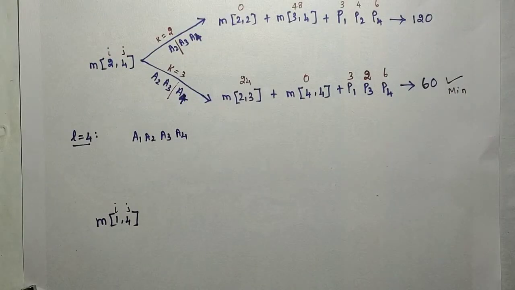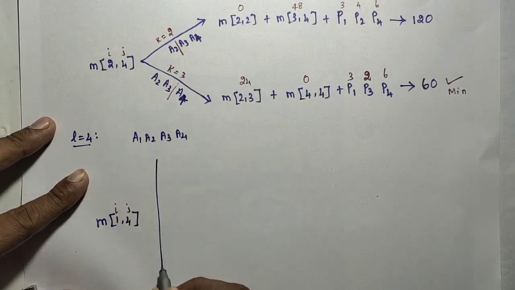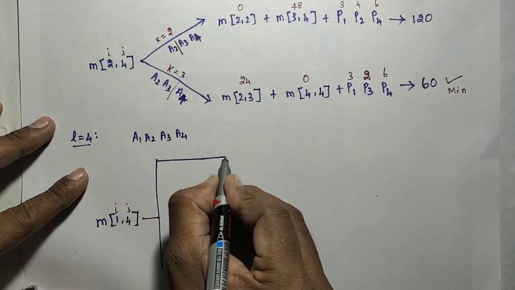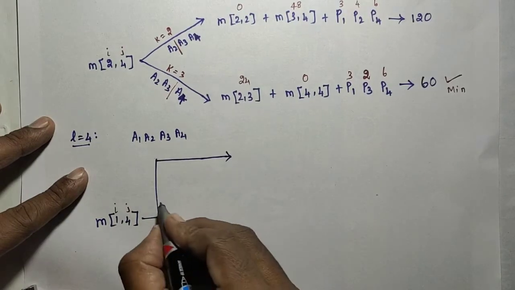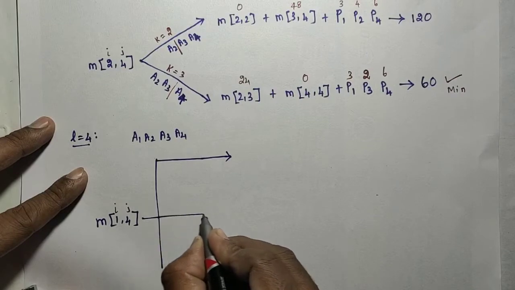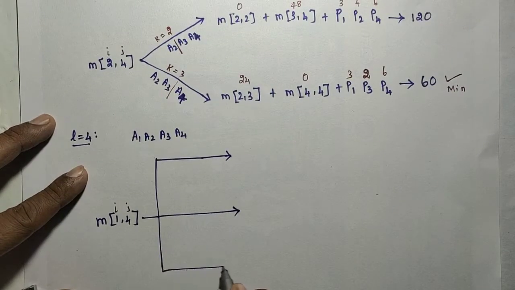Here there are 3 possibilities: k equal to 1, k equal to 2 and k equal to 3.